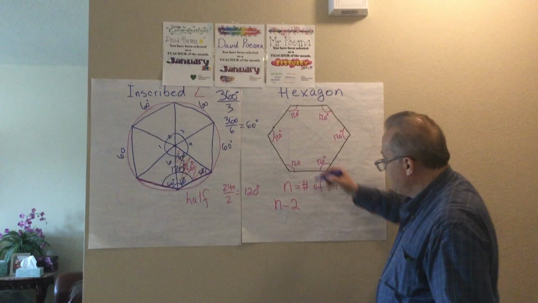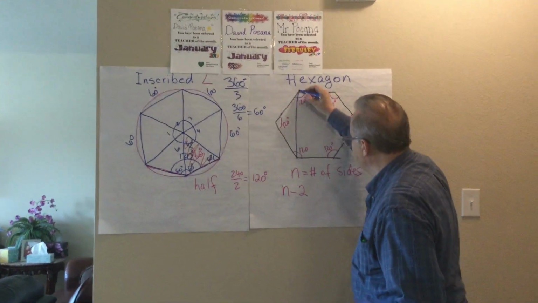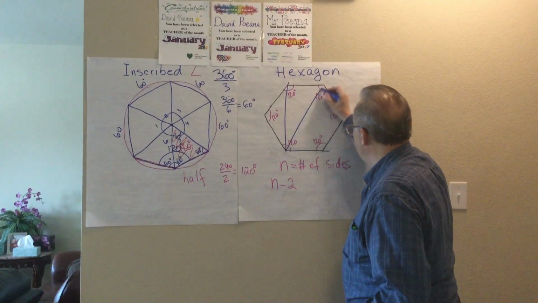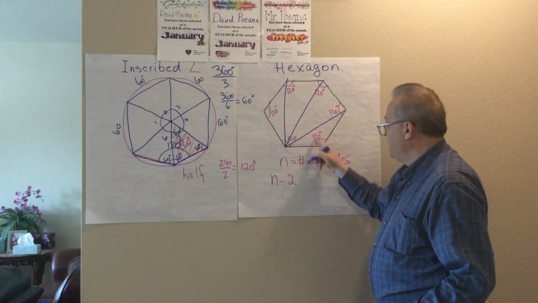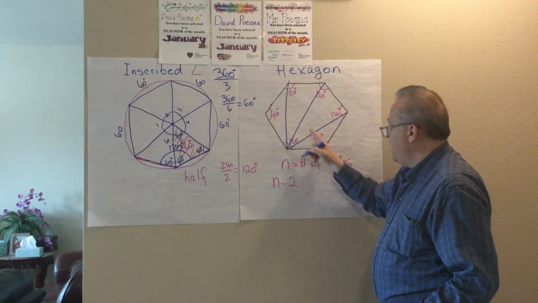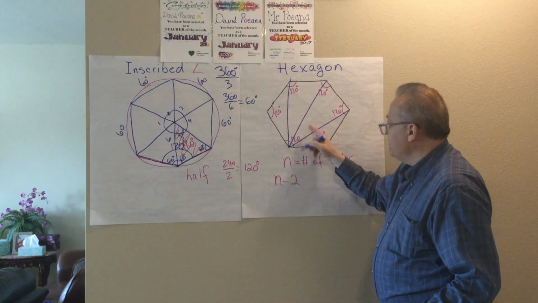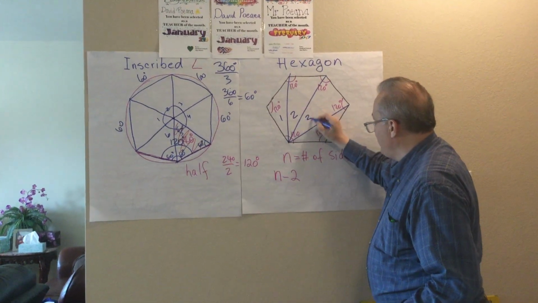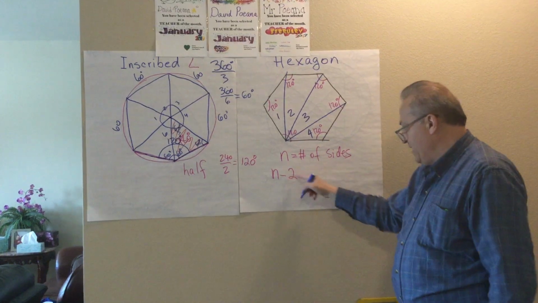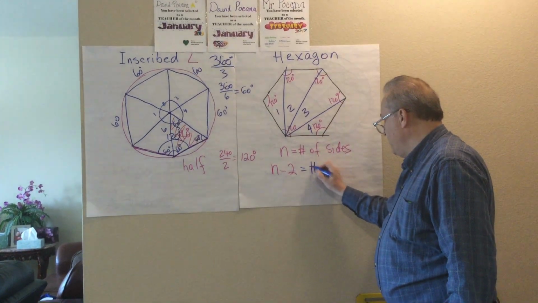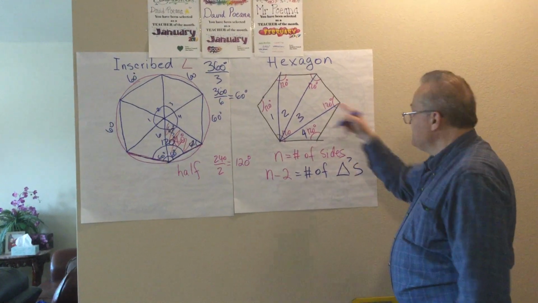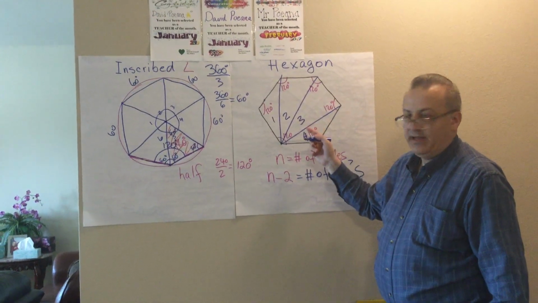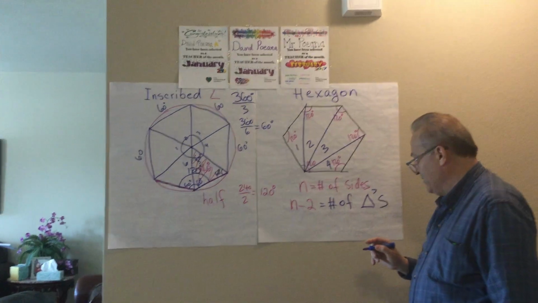N minus 2 stands for how many diagonals I got from the same vertex. I have only 3, but it forms 1, 2, 3, 4 triangles. So n minus 2 stands for the number of triangles inside the polygon, inside the hexagon.